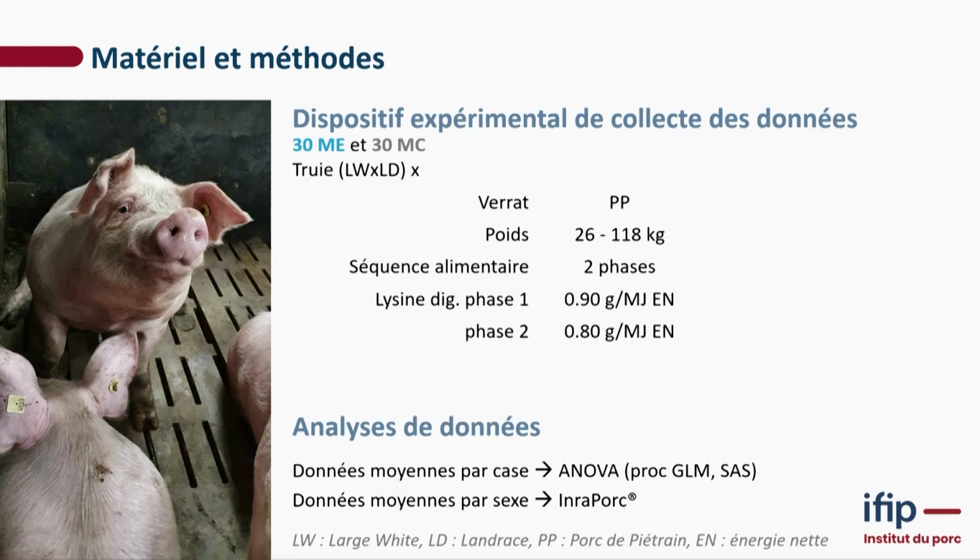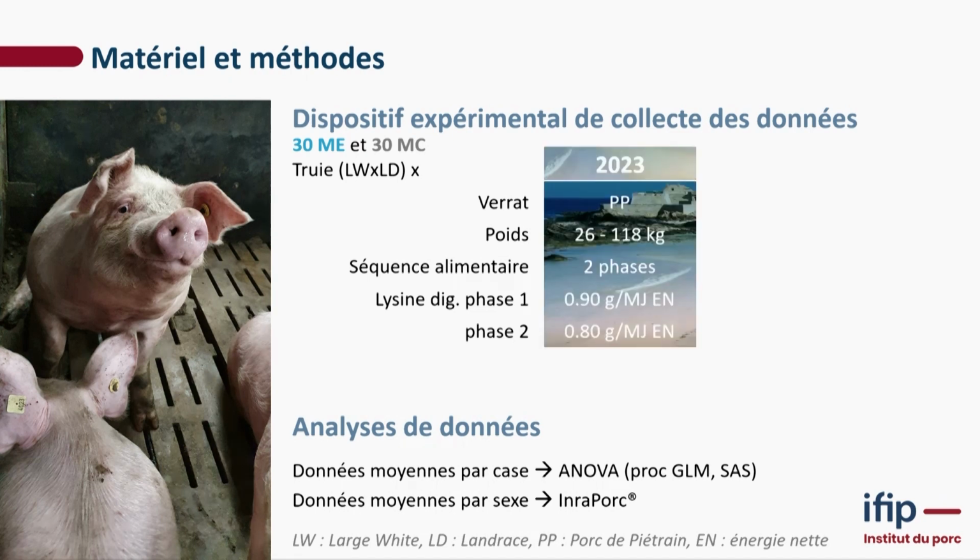The data collected on pens, on animals directly, were used to establish a comparison between castrated male and entire male. Then we did a calibration of growth and consumption profile and requirements in amino acids. These data are presented this year.